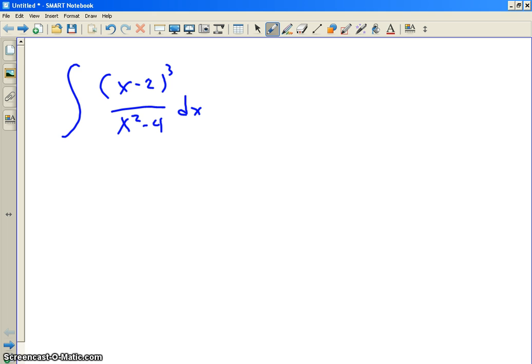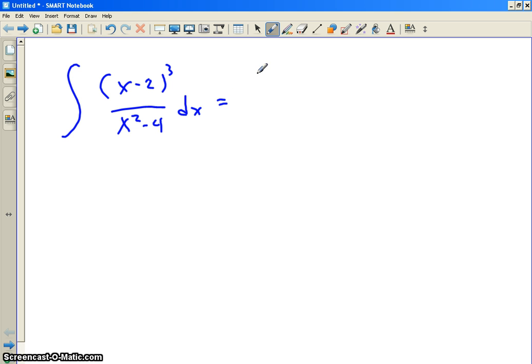You can do this without partial fractions because the degree of the numerator is greater than the degree of the denominator. Ethan? Well, the numerator is already factored, so difference. Yeah. Okay, but couldn't we reduce it a little bit first?